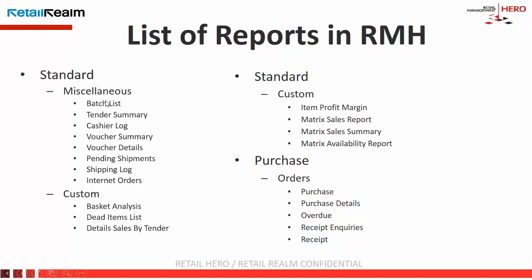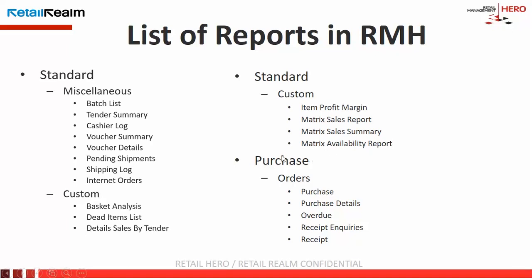Then we have some miscellaneous reports, like batch list, tender summary, cashier log, and so on, and some custom reports that we have provided, like the basket analysis, dead item list report, detailed sales by transfer, and tender. And some matrix reports, some of my favorite reports, around matrix sales summary and matrix availability.